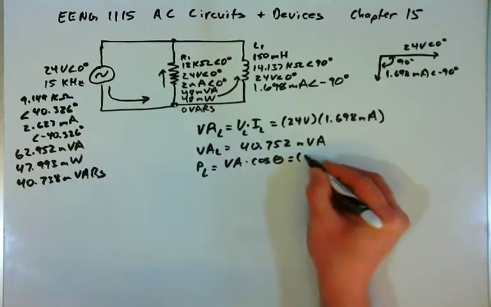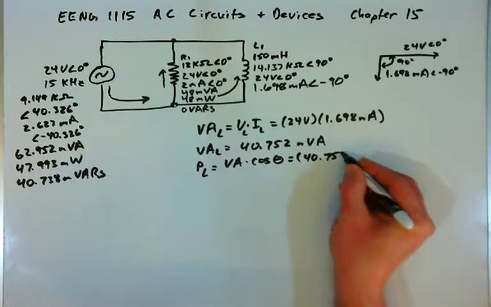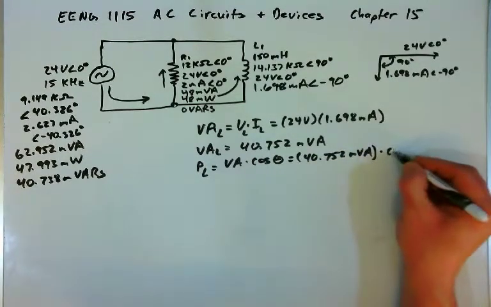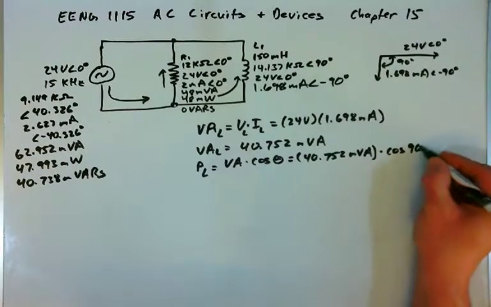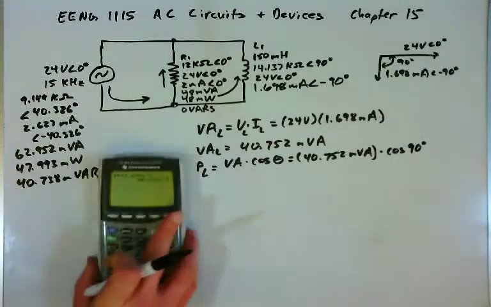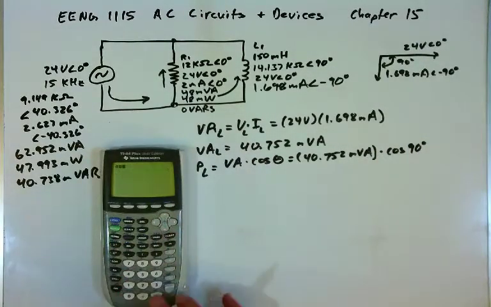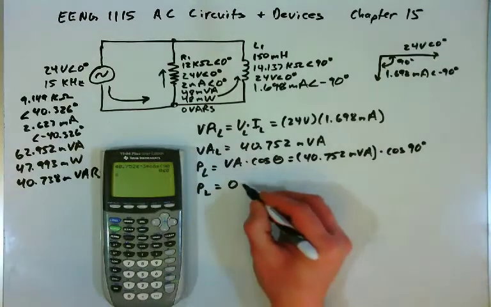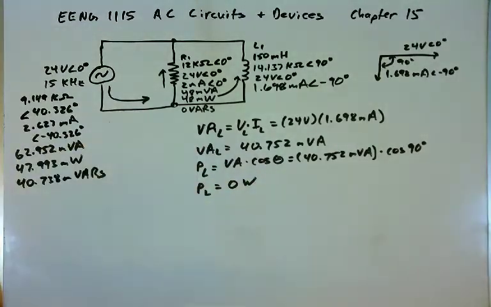We take the volt amps, 40.752 millivolt amps, and multiply by the cosine of 90 degrees. So we have 40.752 milli times the cosine of 90, and we get 0. The power of the inductor is 0 watts.